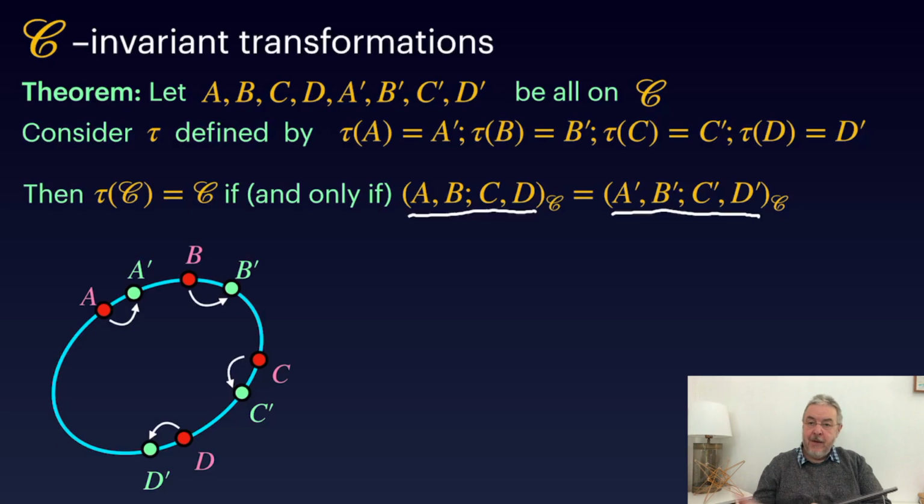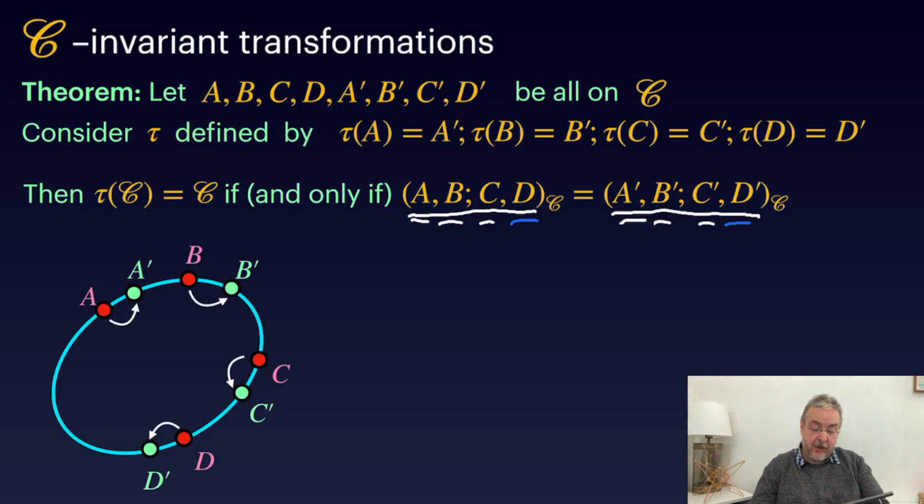So in a sense, projective transformations that leave C invariant are reasonably rigid things. So if we fix 3 of those points, then the image of the last point is automatically fixed by keeping the cross ratio invariant. So how to prove that?